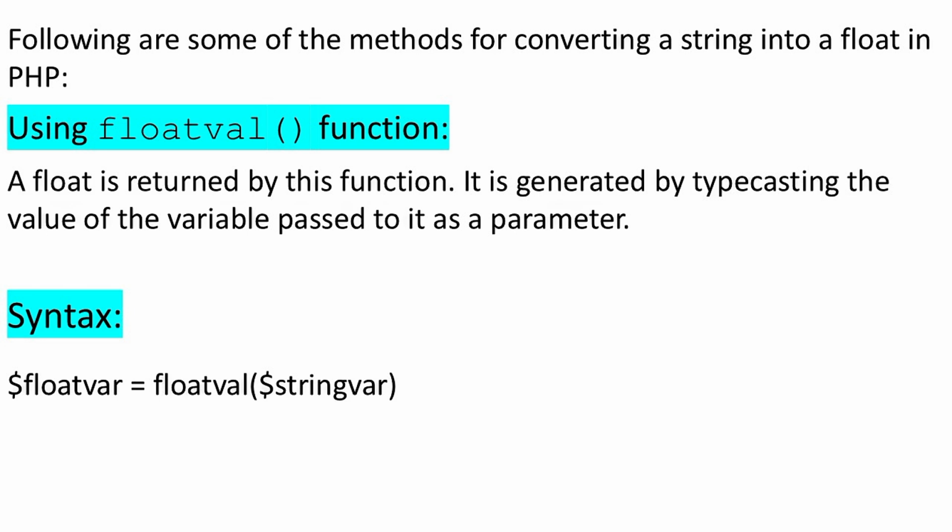This method is especially useful when dealing with user inputs, text files, or API responses, where numeric data might come in as text. By applying the floatval function, you ensure that the value is safely and correctly converted into a numerical format. Unlike implicit conversion, which happens automatically, using floatval gives you clear control and makes your code more readable and predictable.